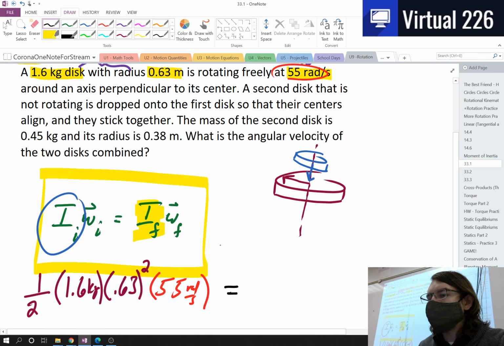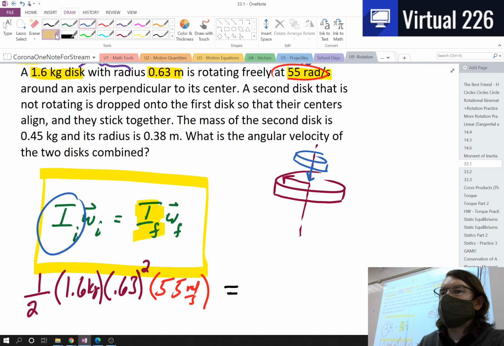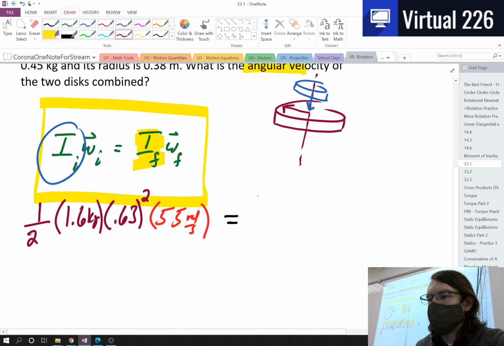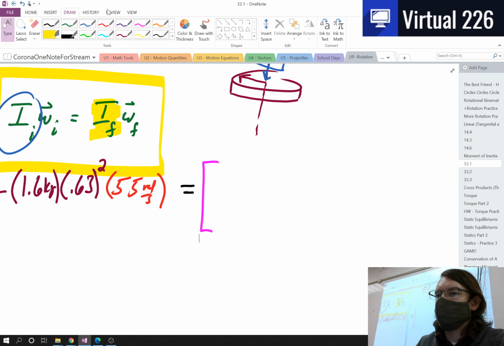And then this has to equal the final moment of inertia multiplied by some final angular velocity. That final angular velocity is what we're actually looking for. So what is this final moment of inertia? Well, it's just the moment of inertia of both disks added together. I'm going to put this in a very large bracket because I want to make sure that I add these moments together first.